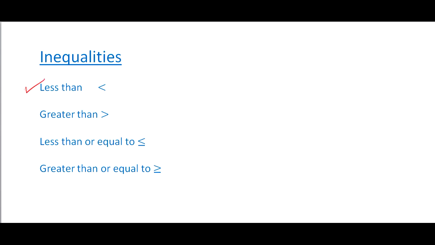For example, when we speak about less than, you need to know what the less than sign looks like. Now, some people get confused between the less than sign and the greater than sign. If we look at the less than sign, this is the less than sign.